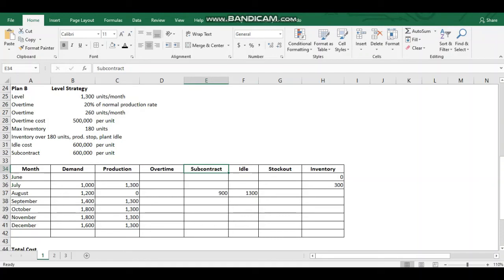And then for September, the demand is 1400 units while the production is 1300 units.